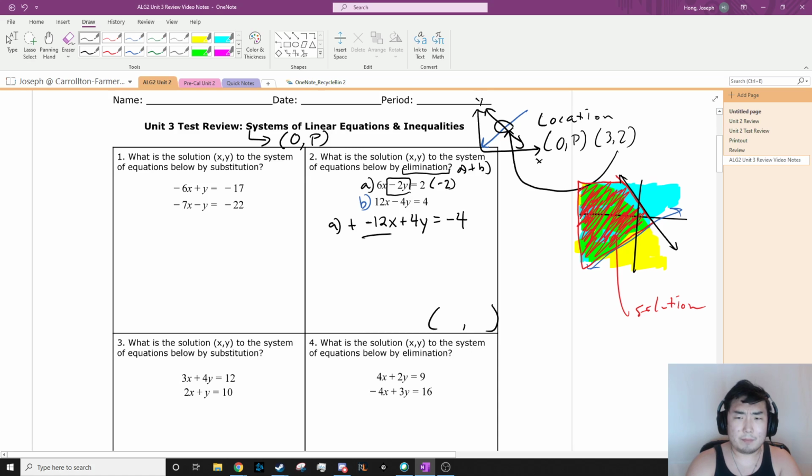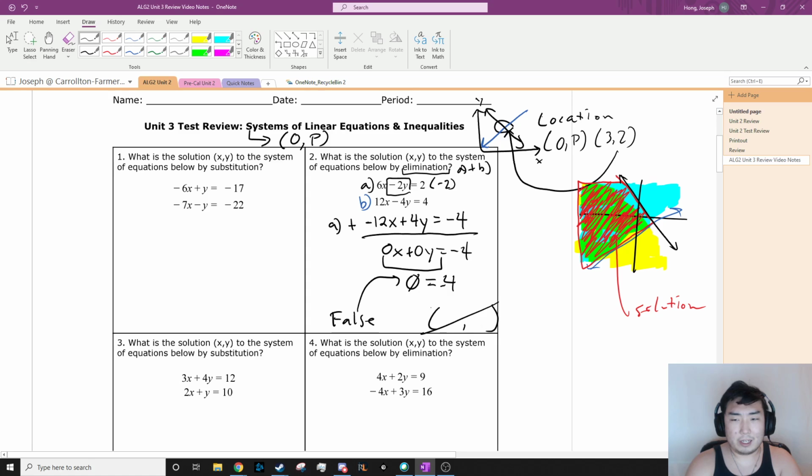But if I add them, look what happens. 12 minus 12 is 0. -4 plus 4 is 0. And what happens is that this is really 0 is equal to -4, and that statement is false.